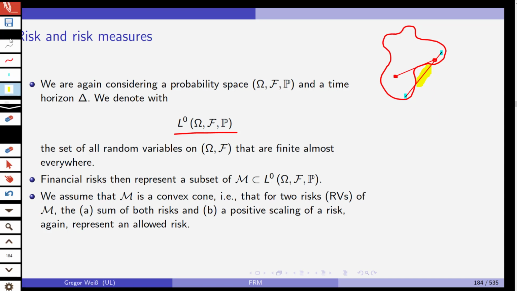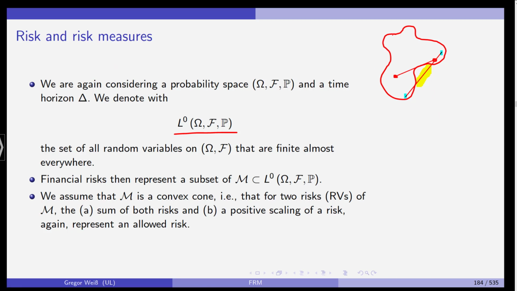So in this sense, we could say that this set is not closed under convex combinations. The direct line between these two points is a convex combination, and this set is not closed under convex combinations. And actually we will require sort of this here.